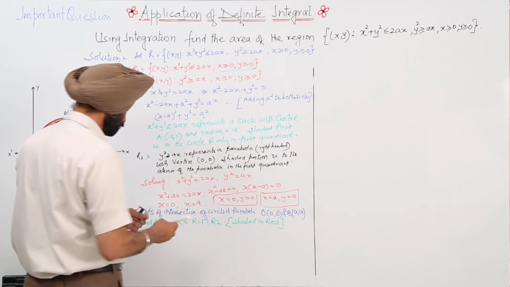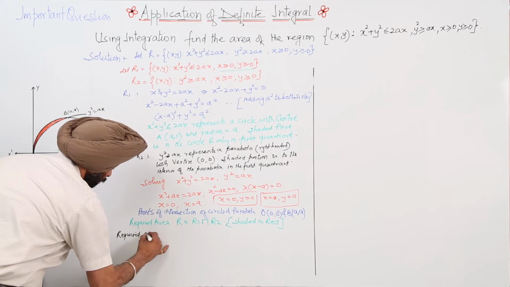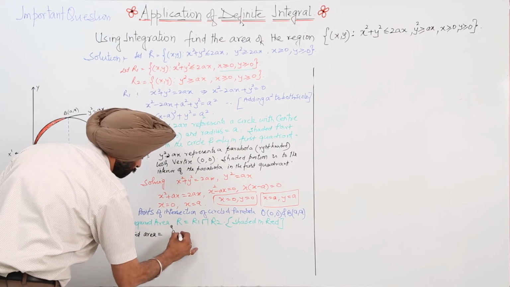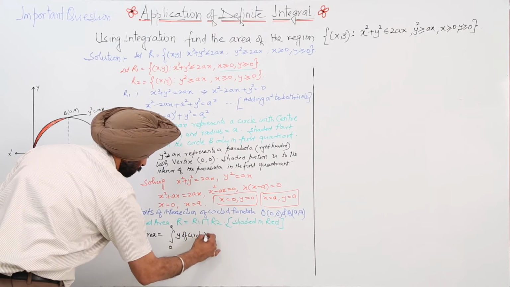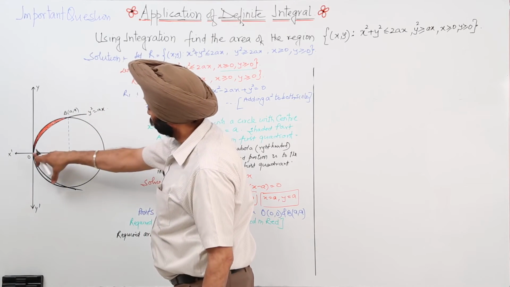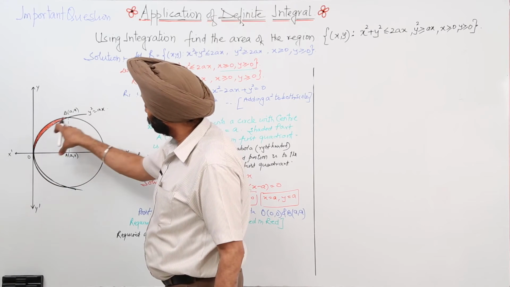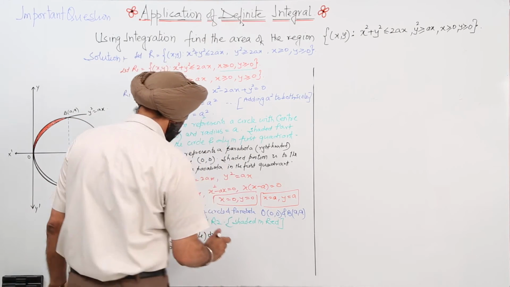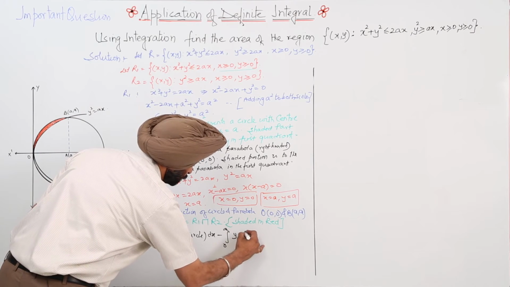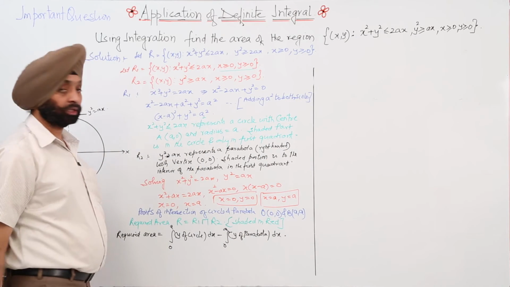So now required area is equal to the integral from 0 to a of y of circle dx, minus the integral from 0 to a of y of parabola dx. This is the quadrant up to the x axis. Is it clear?